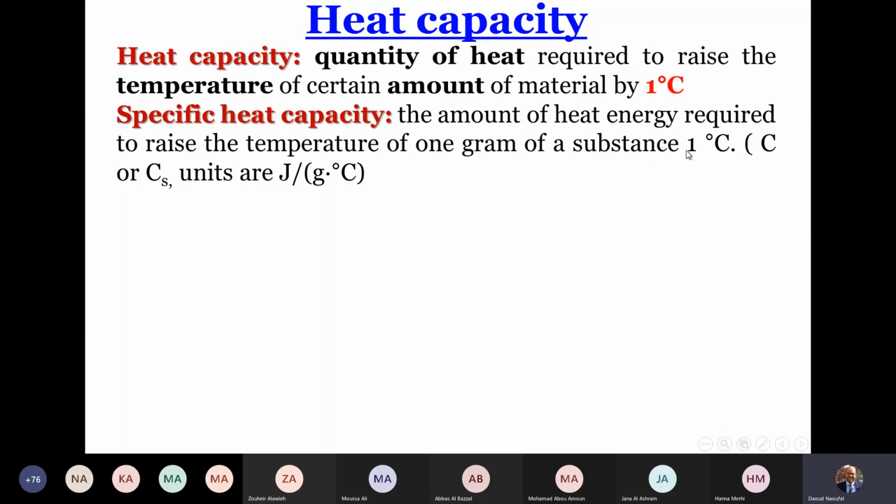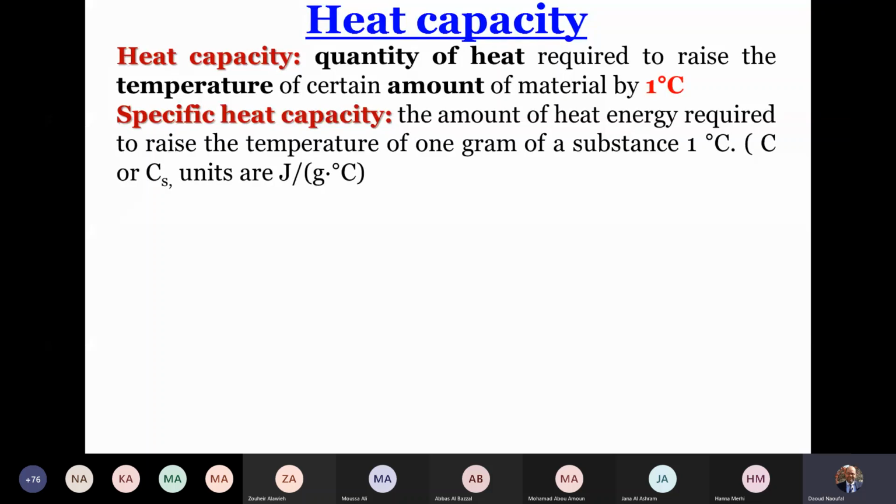If I want to calculate my heat capacity, I increase my temperature by 1 degree. The energy absorbed to increase my temperature by 1 degree, this is my heat capacity. For the specific heat capacity, I will consider 1 gram of substance. So I take 1 gram of this substance, I increase its temperature by 1 degree. This is the specific heat capacity of this substance.